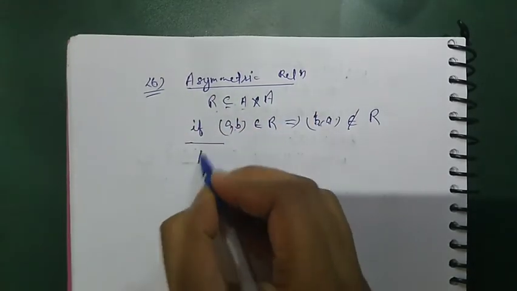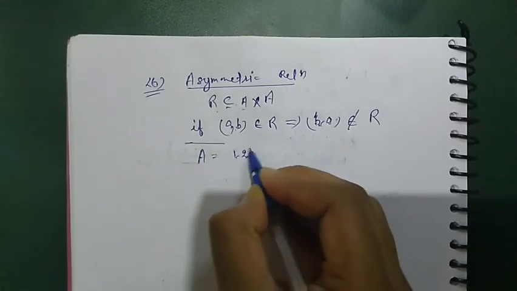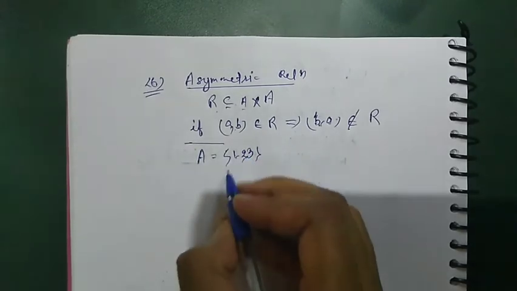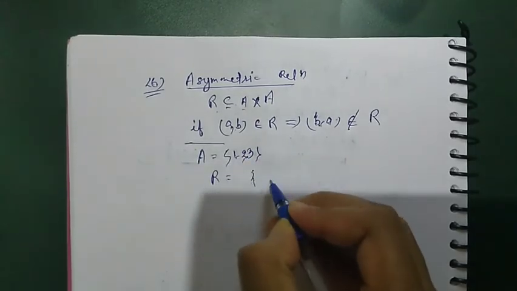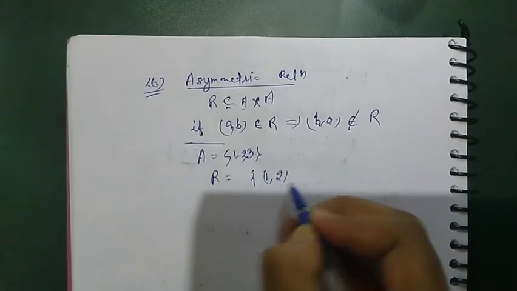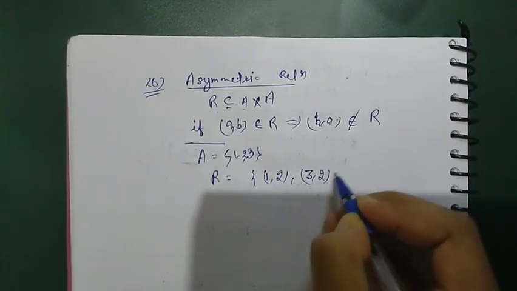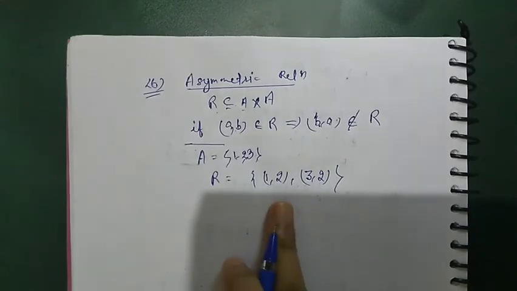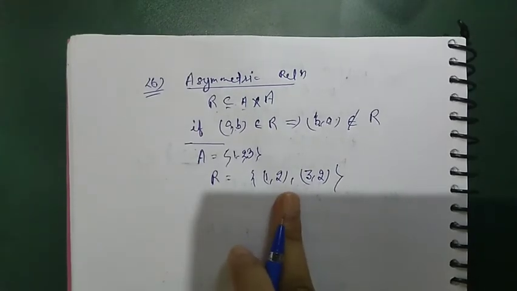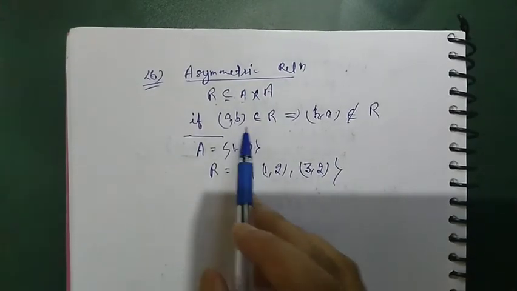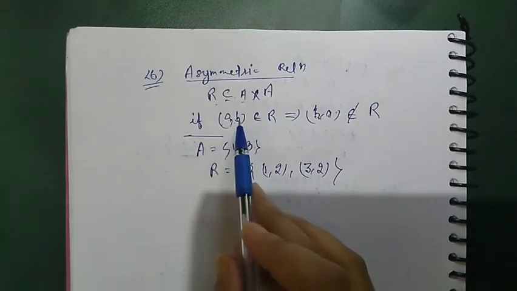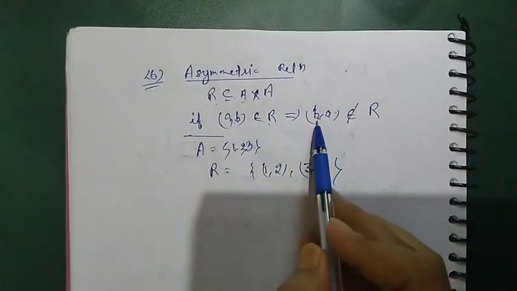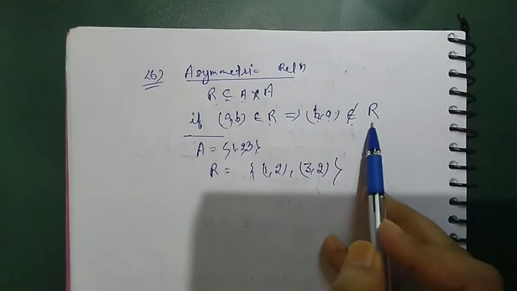Again we are taking the same example {1, 2, 3}, then the relation R is here (1,2) and (3,2). We have to check, is it an asymmetric relation or not. The condition is that (a, b) belongs to R, then (b, a) must not belong to this relation.